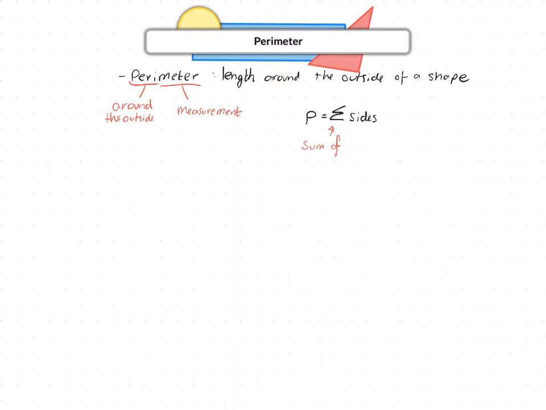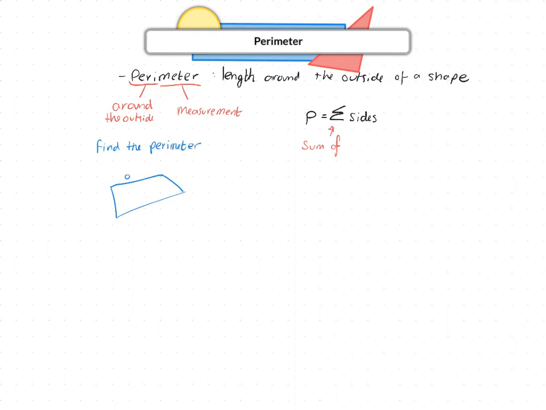So let's look at an example. So here we have a random quadrilateral, so just four sides, straight sides, and we want to find the perimeter. Now, to find the perimeter, we are going to need to know some values.